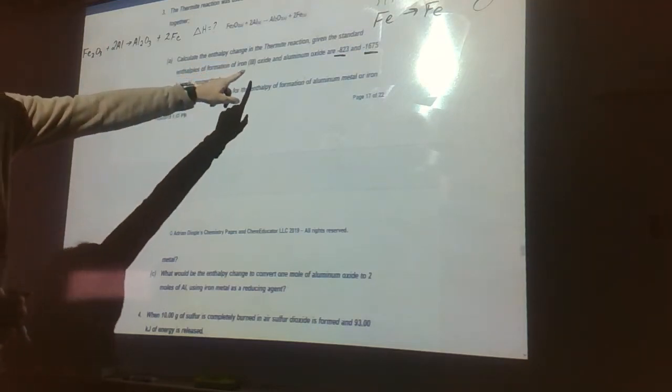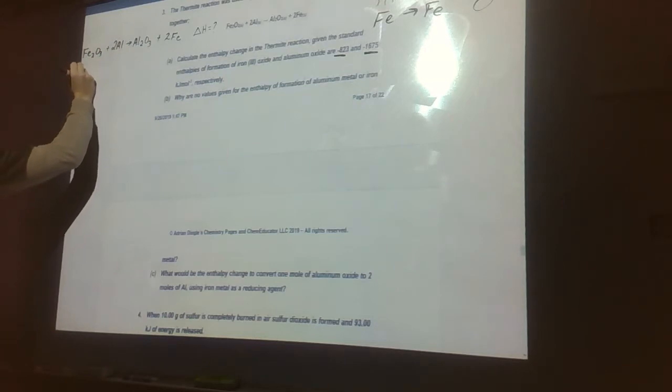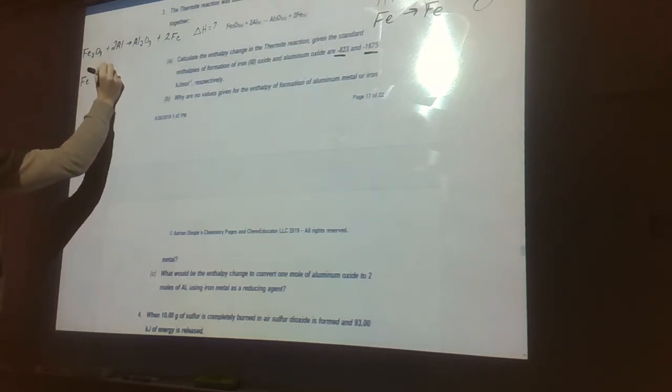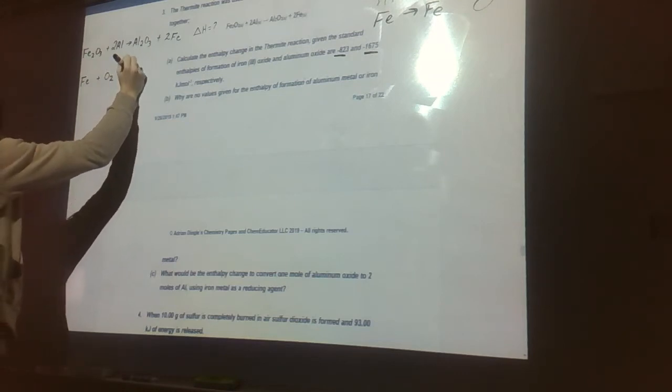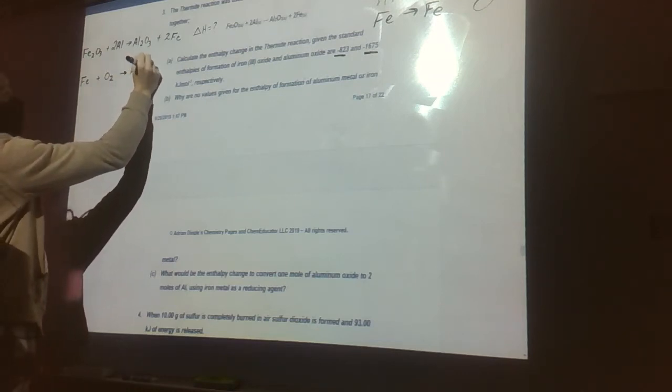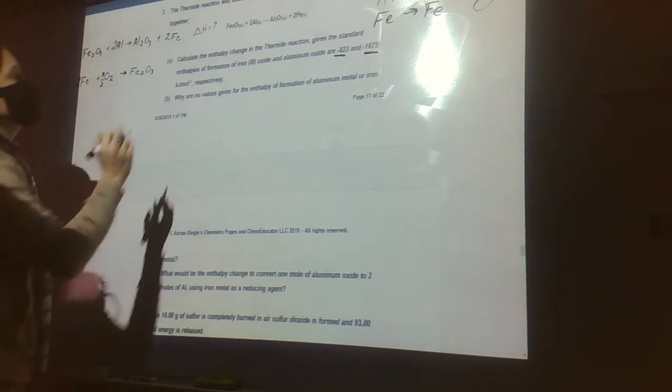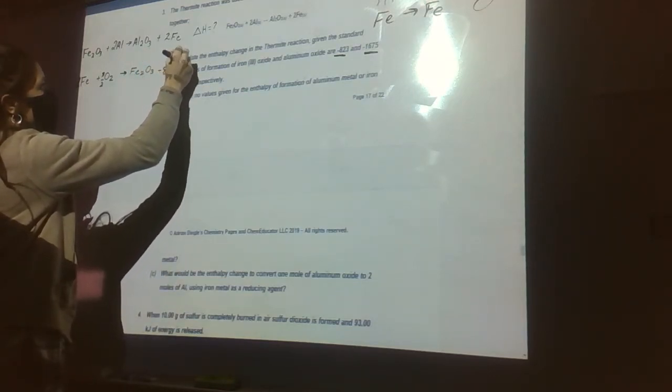Okay, so the enthalpy of formation of iron 3 oxide. So enthalpy of formation is this. Iron plus O2 makes iron 3 oxide. 2 irons, 3 halves of an oxygen is negative 823 kilojoules per mole.